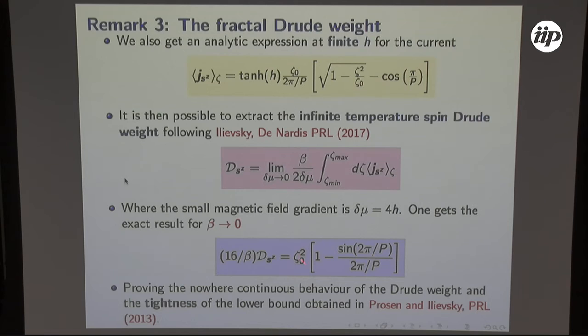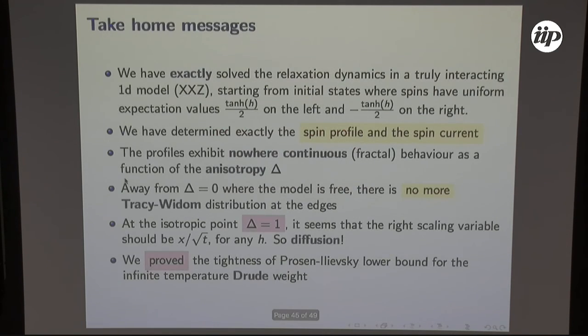Here we prove that the lower bound is saturated because we can exactly compute the Drude weight and show that it's the lower bound found by Prosen. So the bound is tight. If you don't know the story, it was also an interesting observation.